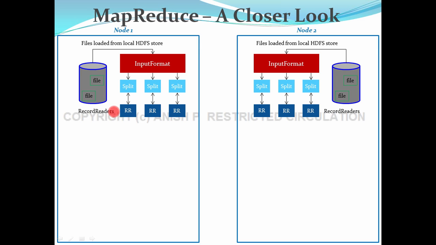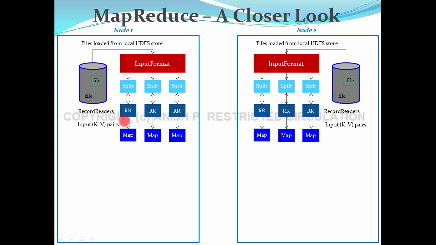Now guys, understand this carefully. My record reader is invoked repeatedly on input data until the input split gets consumed. At a time it reads one key value pair and gives it to the map method. Suppose I have 1000 key value pairs, then 1000 times my record reader will be invoked. Is this clear?